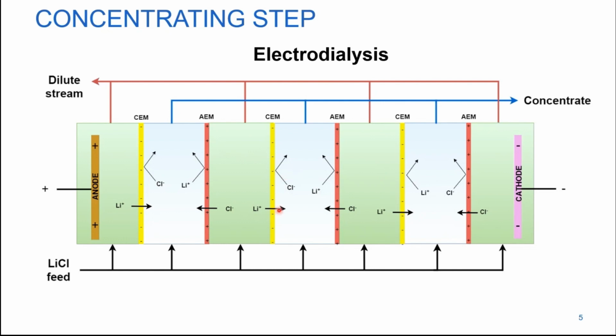But what you will see in this one here is that the lithium ions will be blocked by the anion exchange membrane. And the same will be happening for the chloride ions, which will be blocked by the cation exchange membrane. And thus they will be concentrated in certain compartments, in this case, the blue compartments. And thus you have a more concentrated stream. And here you can concentrate them up to 10, 15 grams per liter easily.